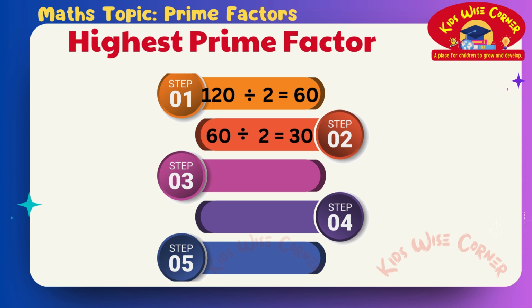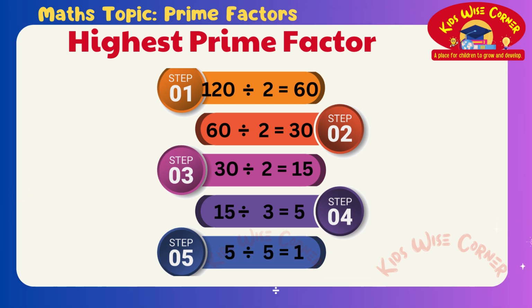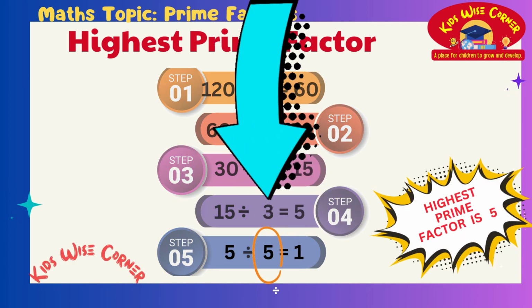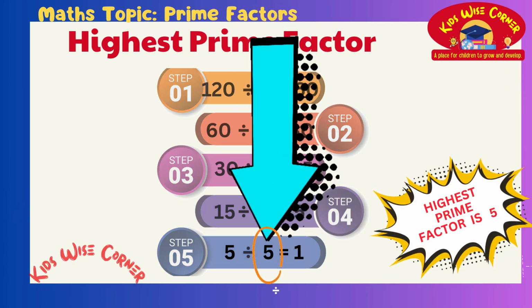Divide 60 by 2, you get 30. Divide 30 by 2, you get 15. Divide 15 by 3, you get 5. Divide 5 by 5, you get 1. So, the highest prime factor of 120 is 5.